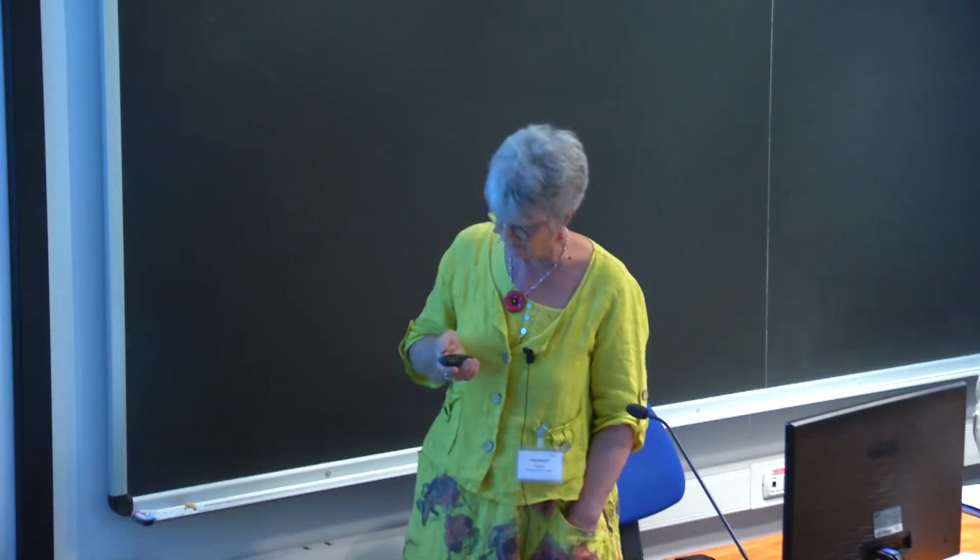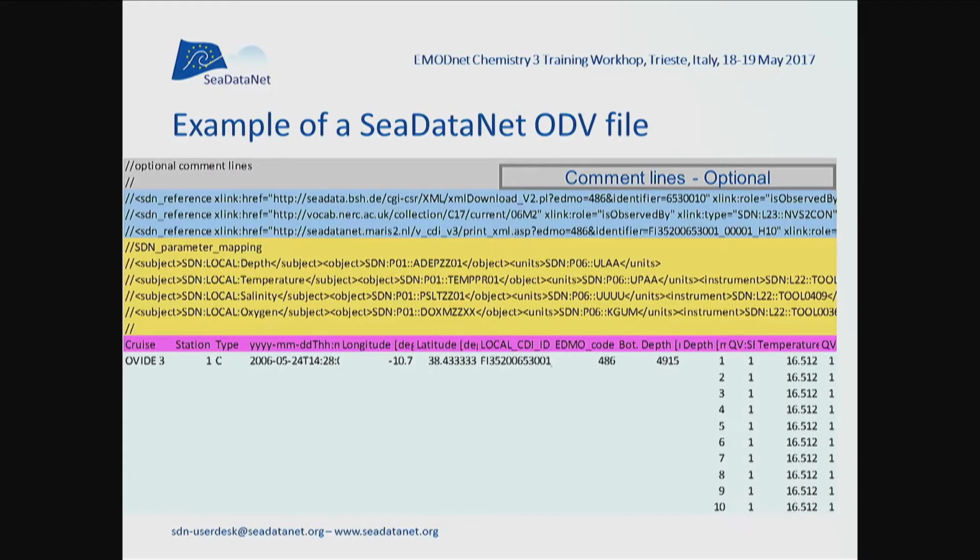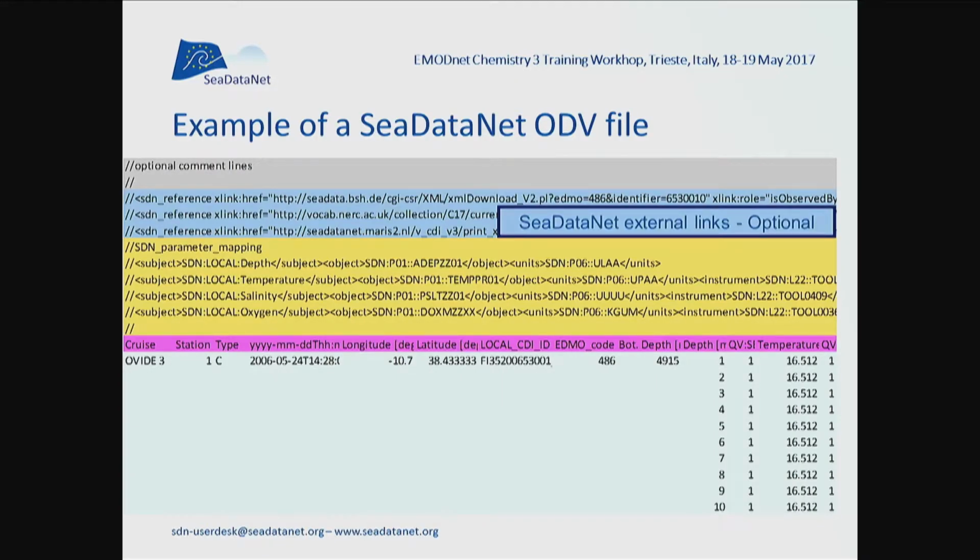They are not mandatory. Then you can have lines making reference to external CDataNet links, which are references to a cruise summary report, for example, to the ship which collected the data at sea, or to the local CDI ID itself.